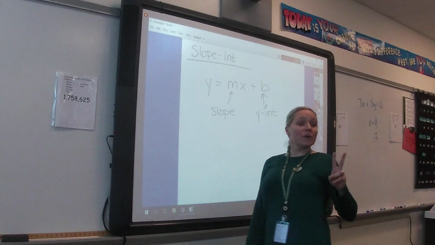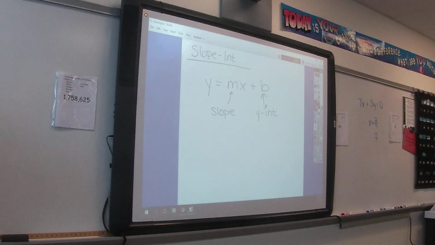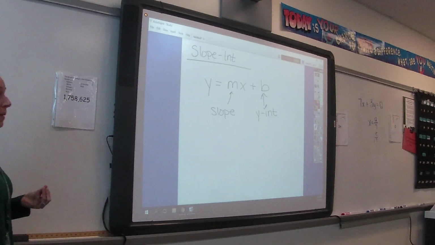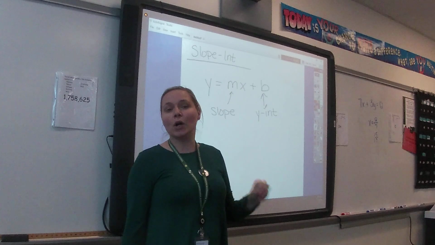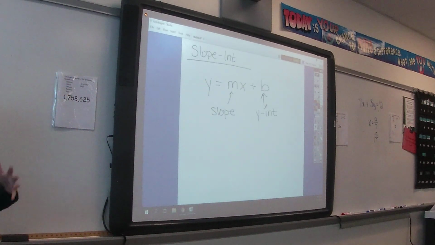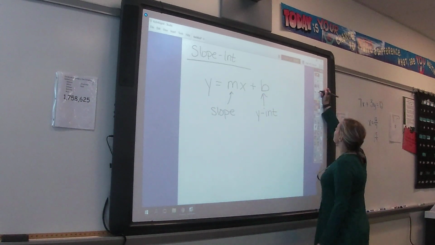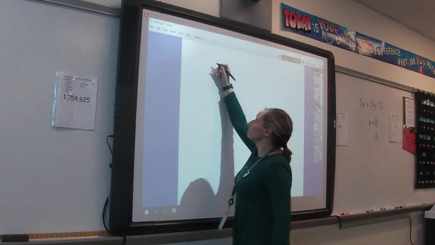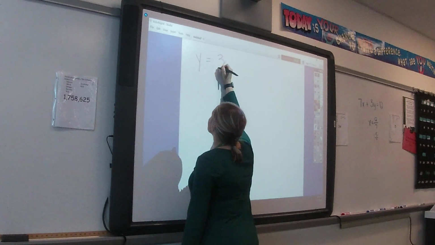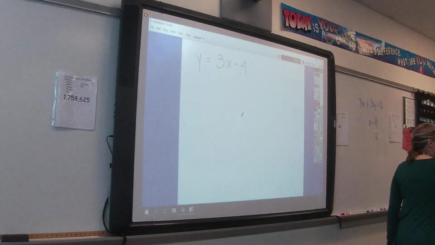Okay, so there are 2 things we can find in this form as well. It is the slope and it is the y-intercept. Good news about slope-intercept form is that it requires 0 work to find the slope and the y-intercept when we're in the right format. No dividing, no plugging in 0, none of that. So if I say y equals 3x minus 4.